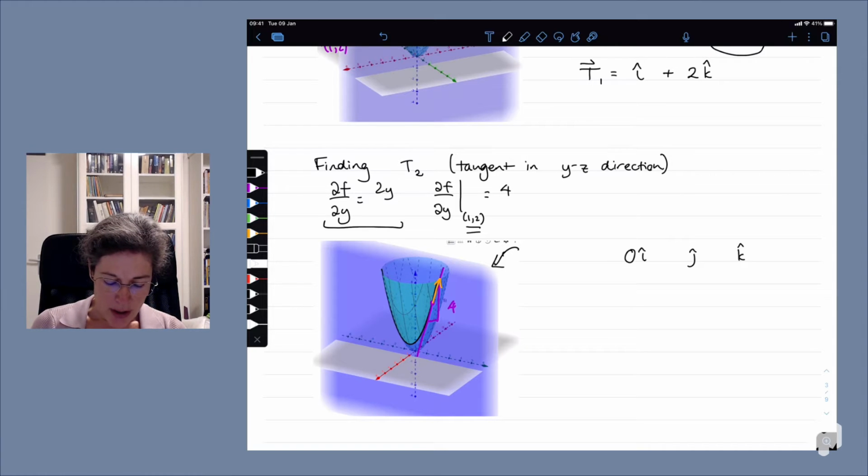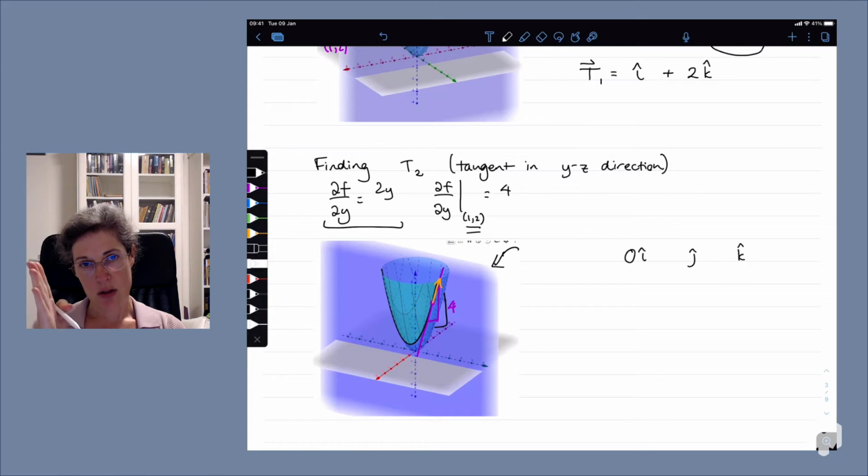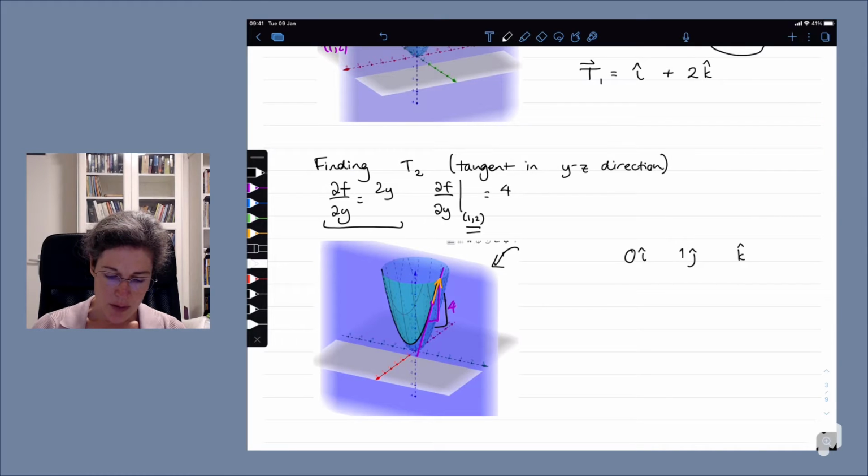Well, the whole point of using our partial derivative here says that if you move 1 unit in the y direction, you will move df by dy units in the k direction, in the z direction. So we have the same thing that we had when we did t1. We're going to have 1 unit in the j and df by dy units evaluated at the point that we're interested in the k. And we're going to call that t2.